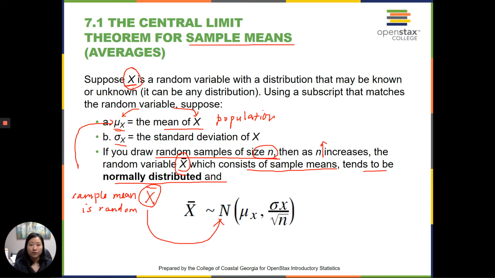That is a very useful theorem, because if all we care about is the sample mean, for example if we want to know the population mean mu x, then as long as we draw a big enough sample, we can assume this sample mean is normally distributed with the mean of the population mean. So we can take the sample mean x bar. Remember, that itself is random, right?